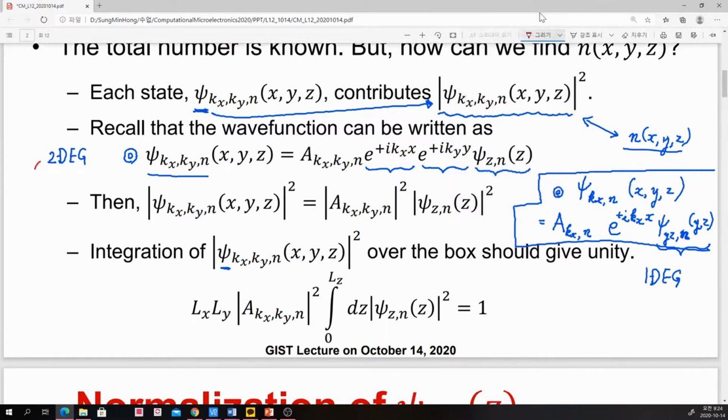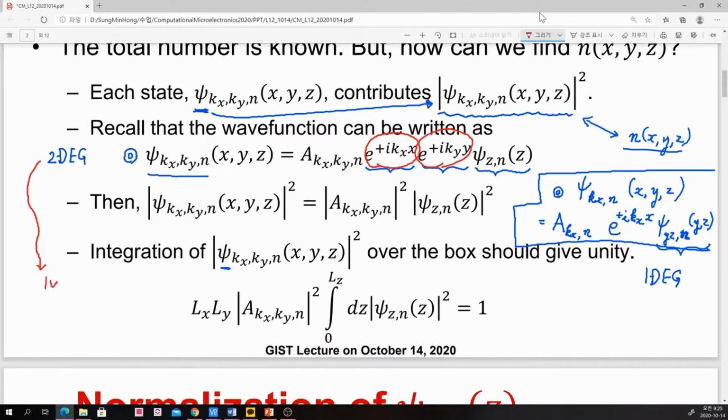By applying this two-dimensional electron gas wave function into our normalization condition, you can easily understand that the plane wave just simply gives you 1, and the plane wave just simply gives you 1.